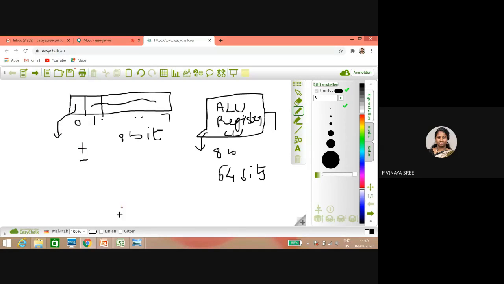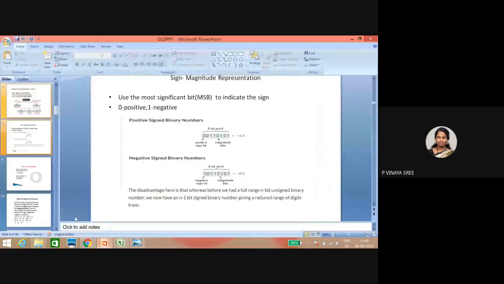So see here. In this 8 bit register, in the most significant bit, I am storing its sign. 0 in this case is positive, 1 in this case is negative.